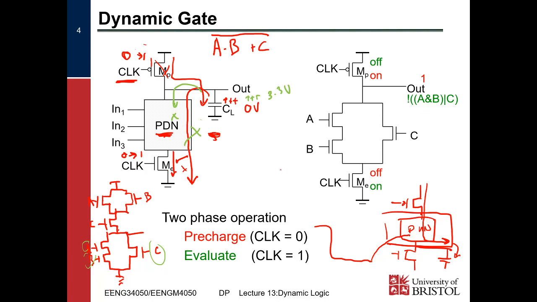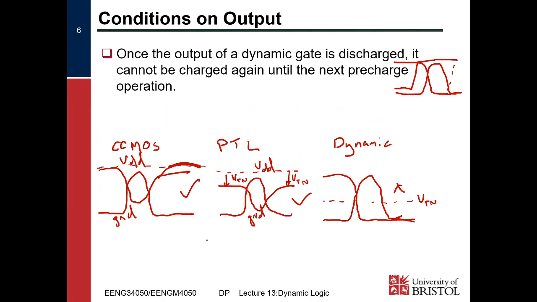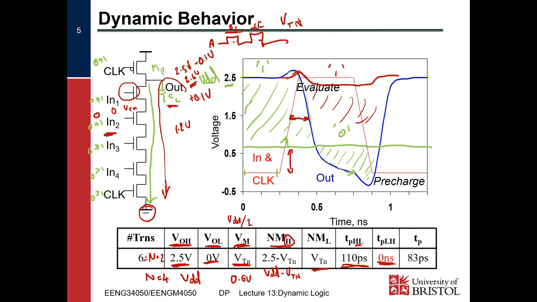You would be charging faster, so your zero will have a smaller threshold, right? So it won't have a smaller threshold, because if we go to this slide, our VM will change to VTP, right?